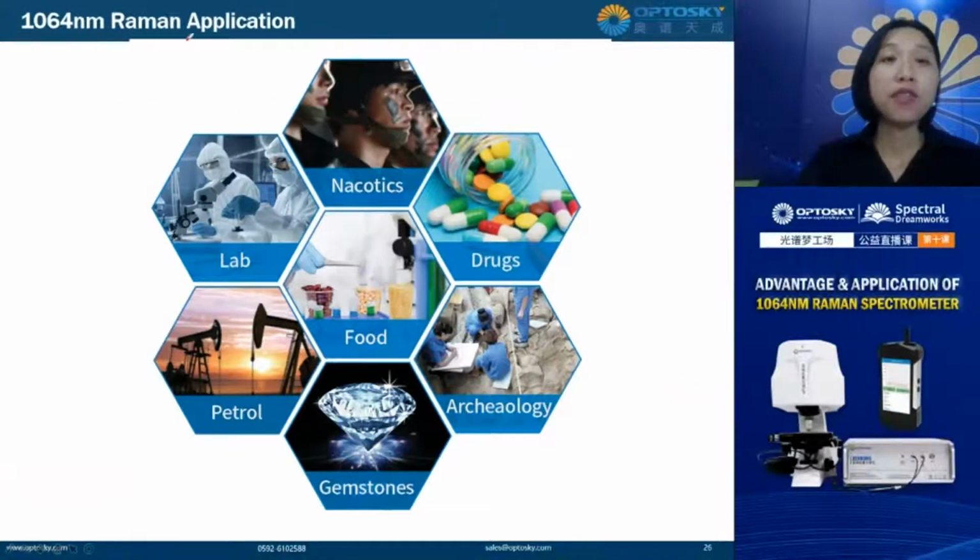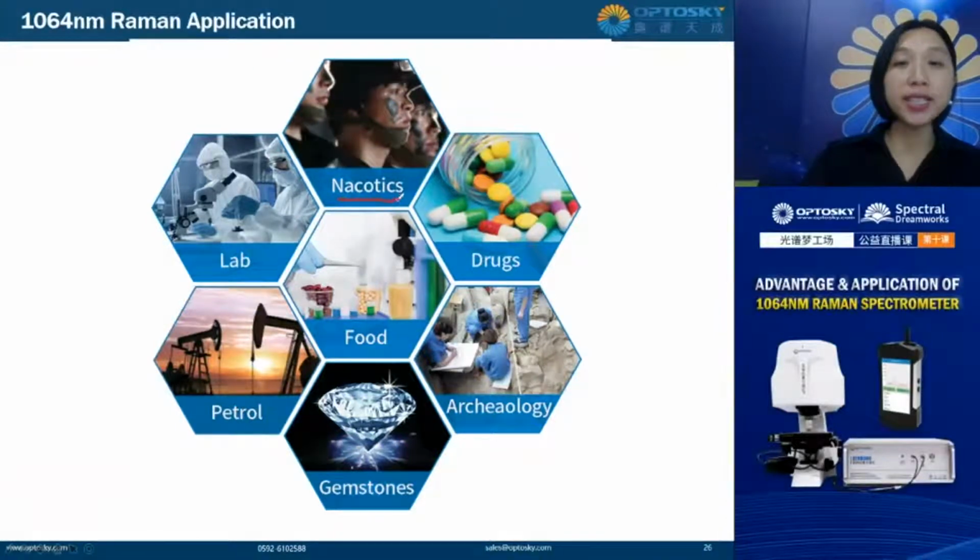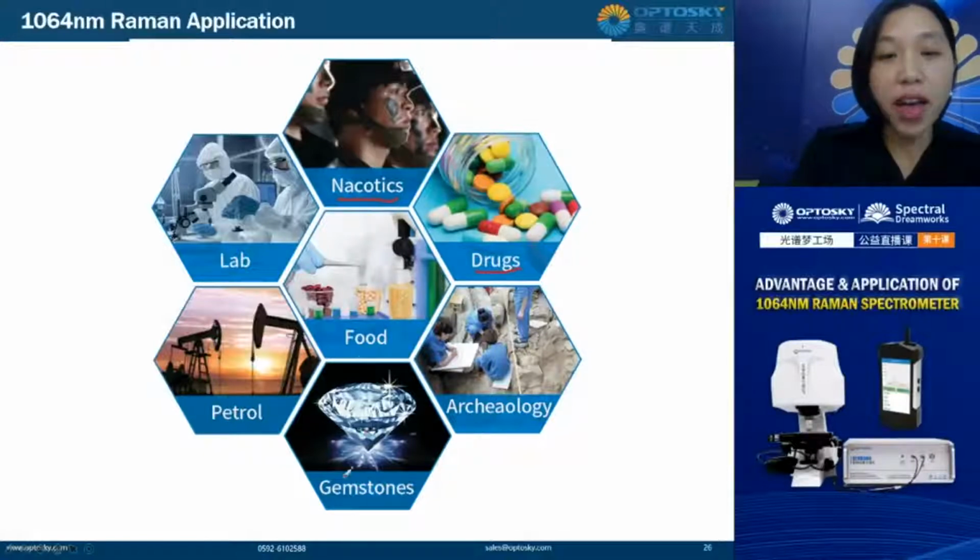The 1064 Raman spectrometer is applied to identify drugs, to identify gemstones, and also widely used in food safety, archaeology, and petrol and labs.